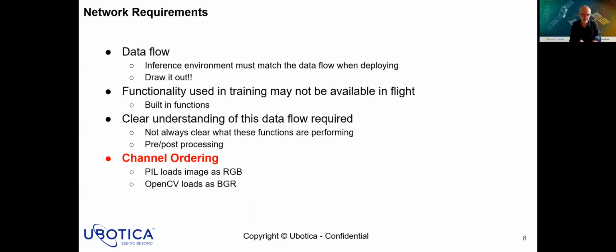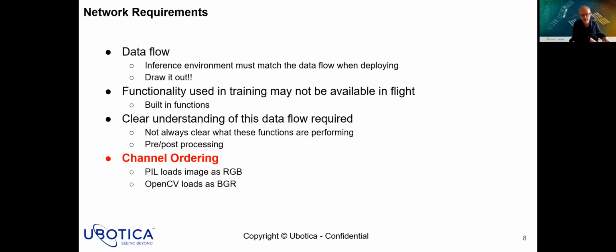Okay, and the key challenge is actually understanding what the training framework is doing. A lot of the time, the data scientists will start off with pre-trained models with preset processing functions that are used to prepare image data for inferencing, etc. A lot of that is now hidden because the training frameworks are getting so sophisticated.